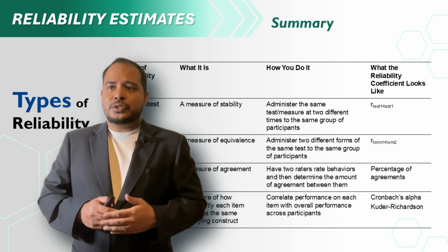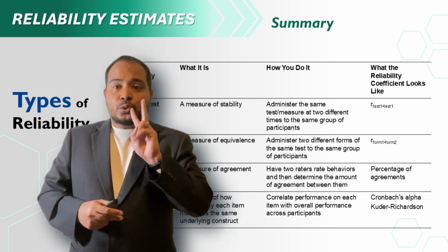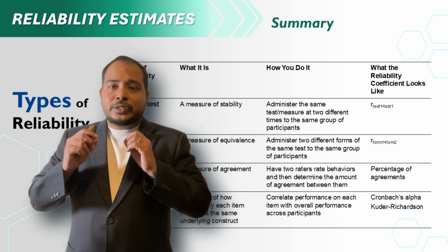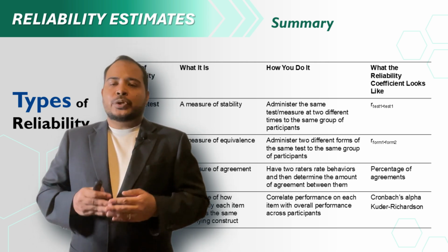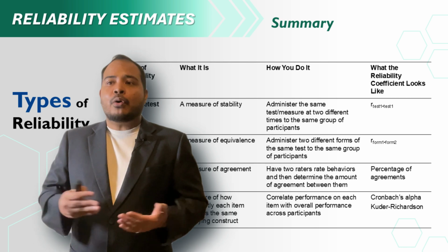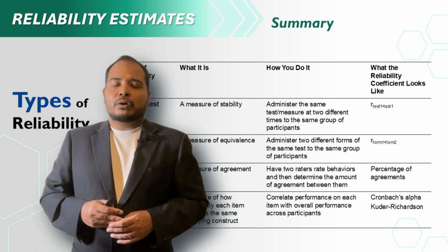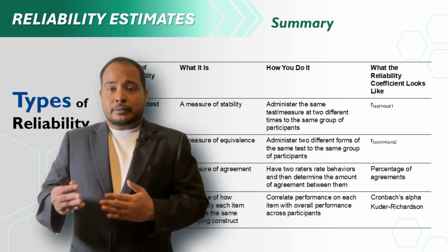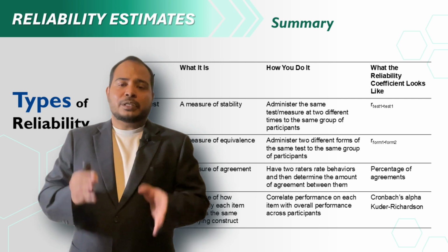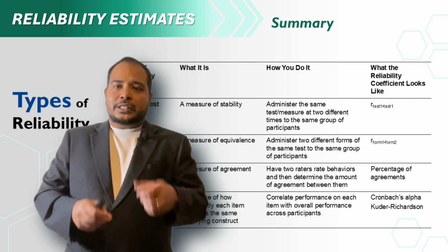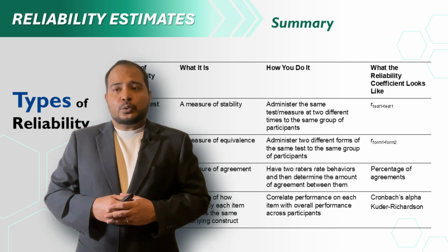For parallel forms, we collect data using two different forms with the same group of people. For inter-rater, we have two or more raters rate the behavior and then determine the amount of agreement between the raters. The minimum is two raters rating the items, and we look at the agreement between them.